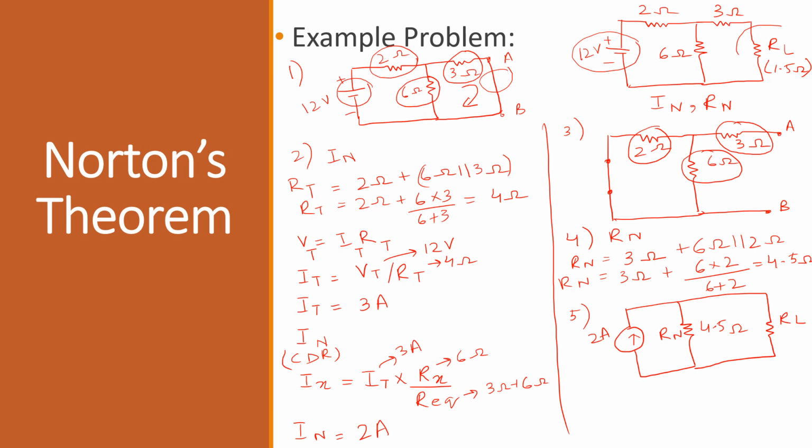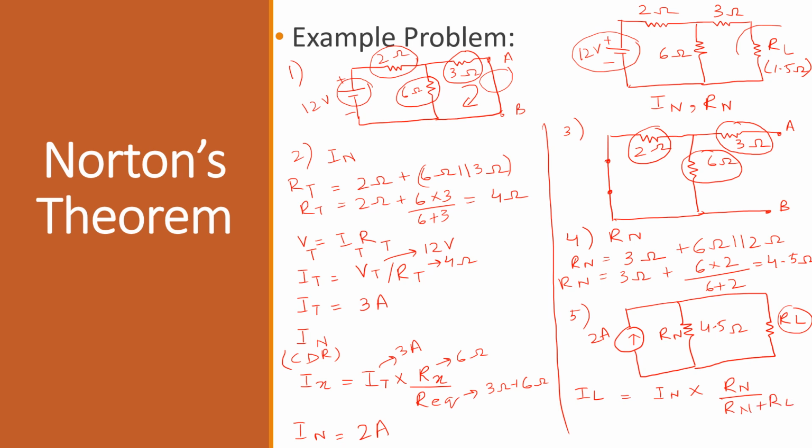Now, if you are asked to find load current through this load resistor, how are you going to find this? You are going to find this load current using CDR. So the formula will be IN multiplied by Rn divided by Rn plus RL.